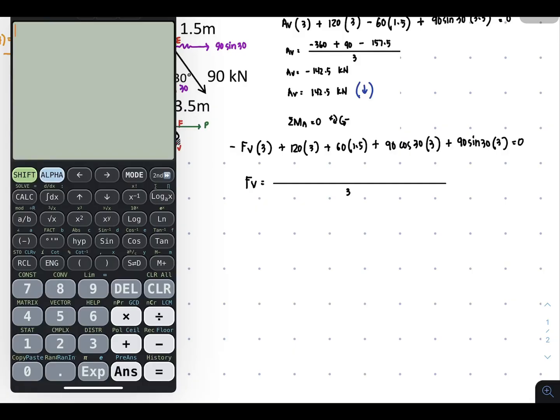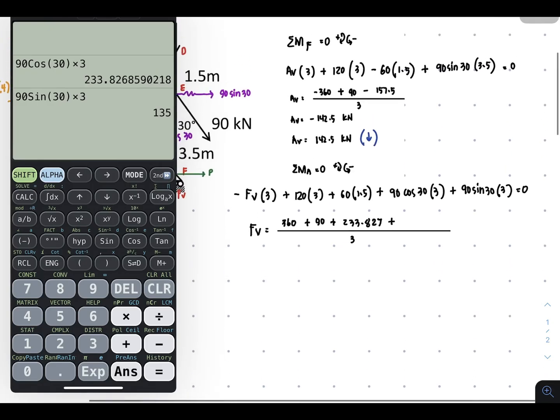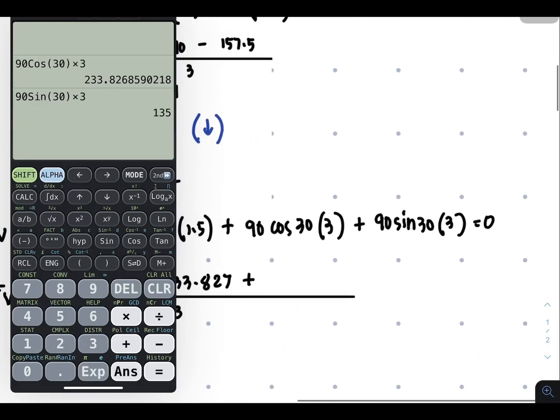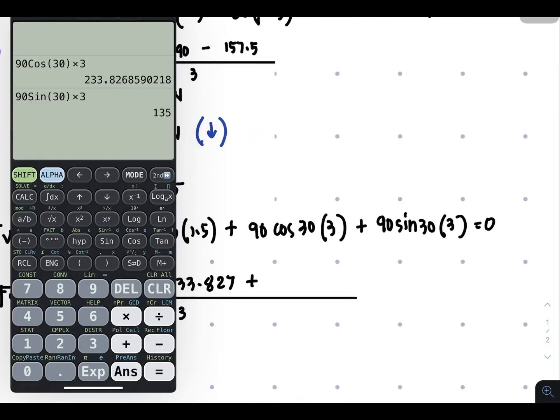It's going to be all positive, so this is 360 plus 90, then plus 90 cosine of 30 times 3, this is 233.827, plus 90 sine of 30 times 3. No, this is not 3 but 3.5, for the 90 sine.